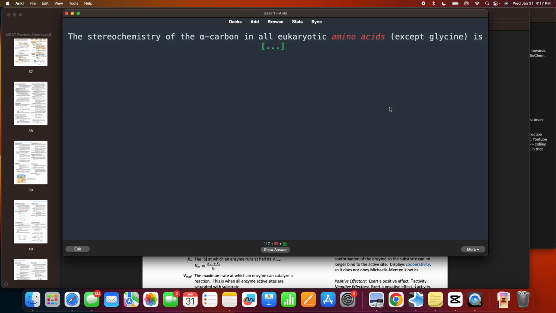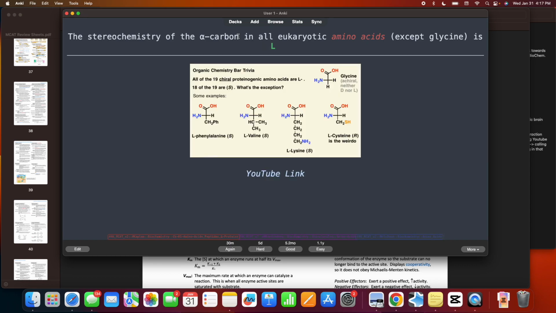The stereochemistry of the alpha carbon in all eukaryotic amino acids is L. So L is the stereochemistry of the alpha carbon, except cysteine, which is L and R. Does that make cysteine a D?